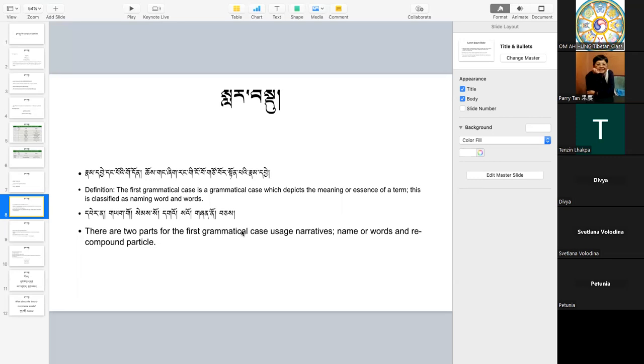And this first grammatical case is the only one that is mostly used with a single name. Though in some cases of the eighth grammatical case, you'll see the same, but not in any other. You won't see it in any other. And you'll know the reason when we study those grammatical cases.